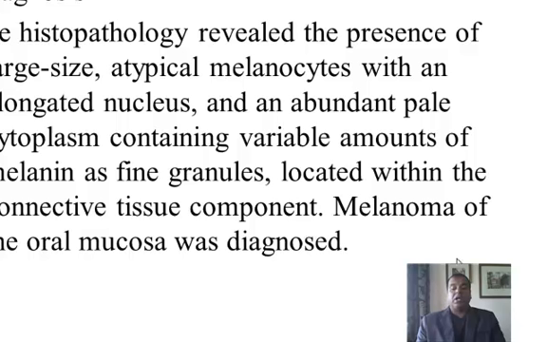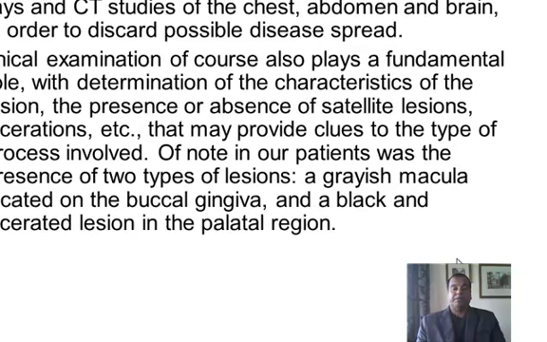Melanoma of the oral mucosa was diagnosed. In these cases, it's necessary to perform liver tests, radiographs and CT studies of the chest, abdomen and brain in order to discard the possibility of disease spread.